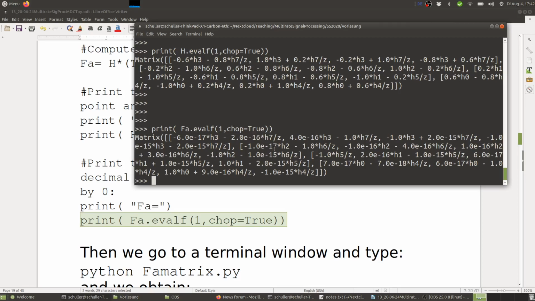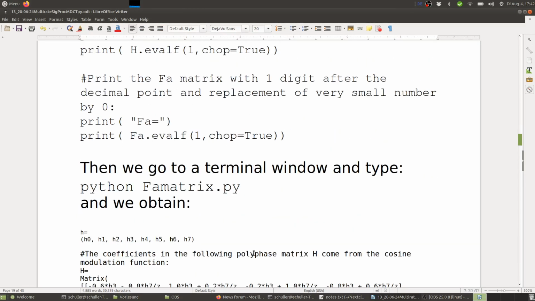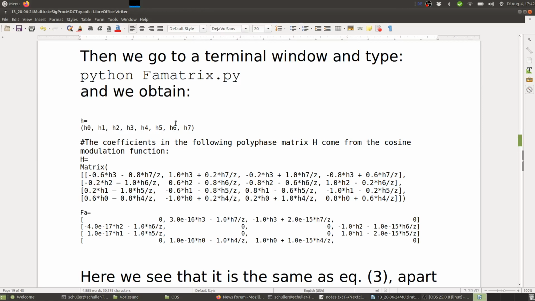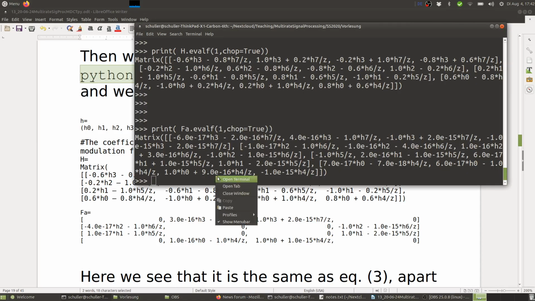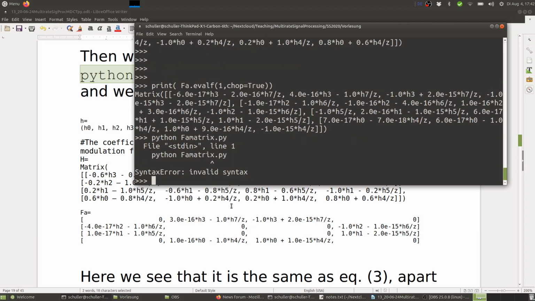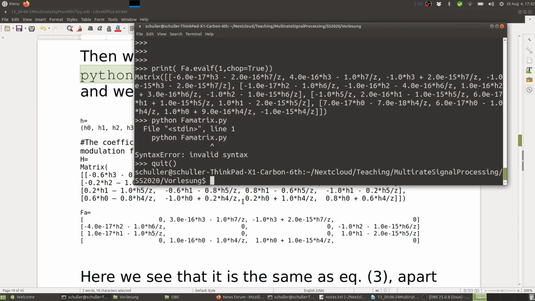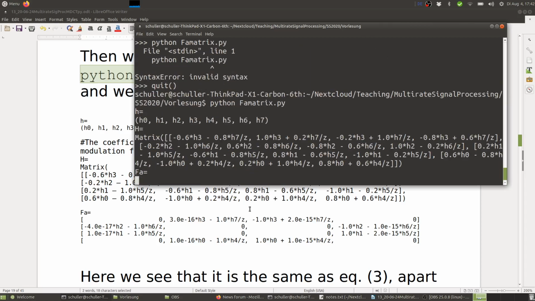So that's not so great. And see, I was running this command, and depending on what version of SymPy on Python I'm running, I get different results. So quit. So here I should run this from the terminal, this command.